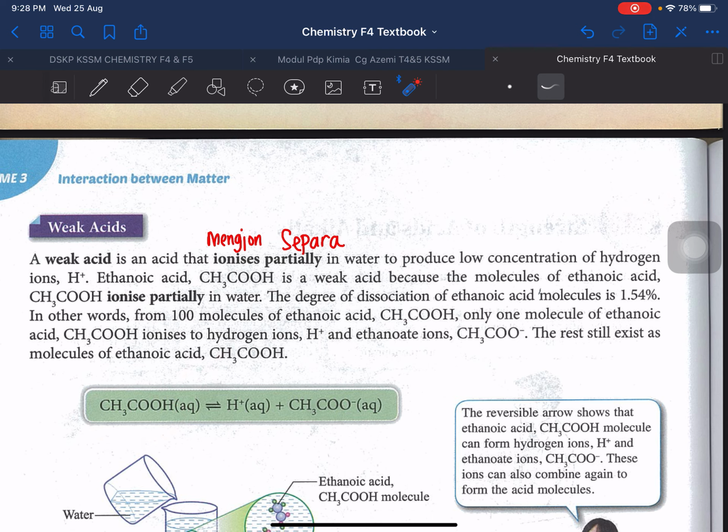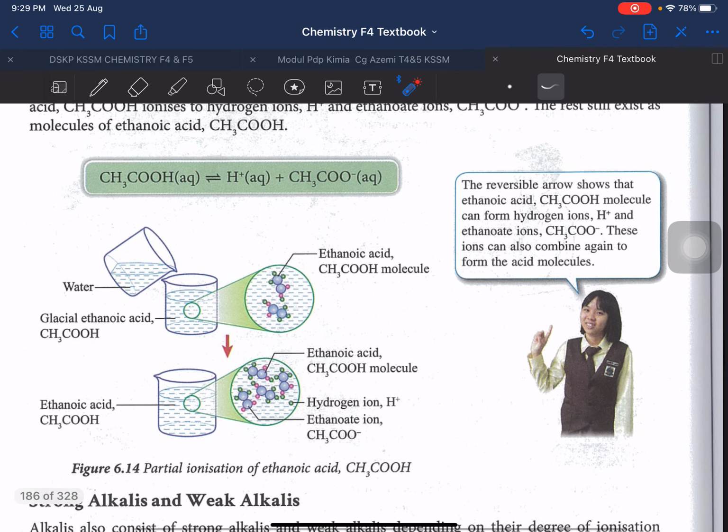Okay? We define the acid as weak acid or strong acid depending on the concentration. Is it high concentration or is it low concentration? So for ethanoic acid, I hope you understand why it is considered as a weak acid. It's because of the low concentration of hydrogen ion.